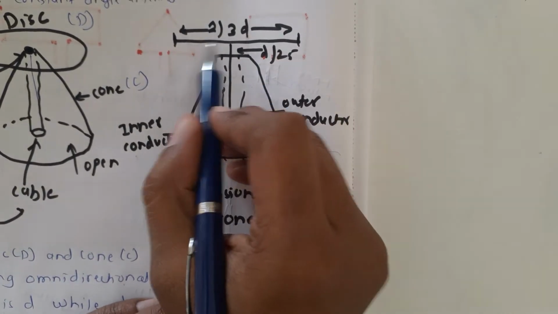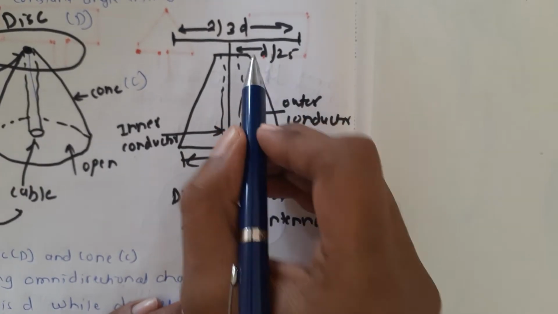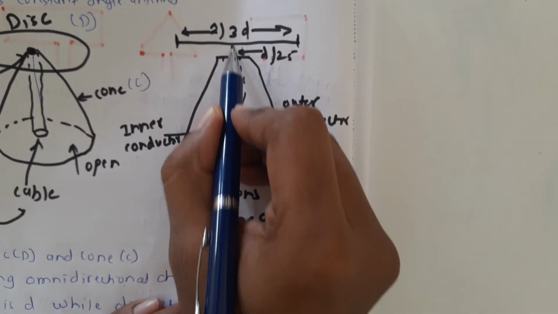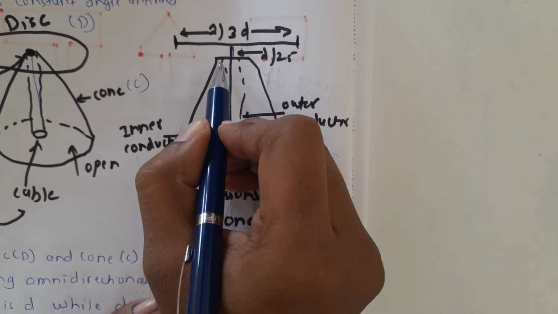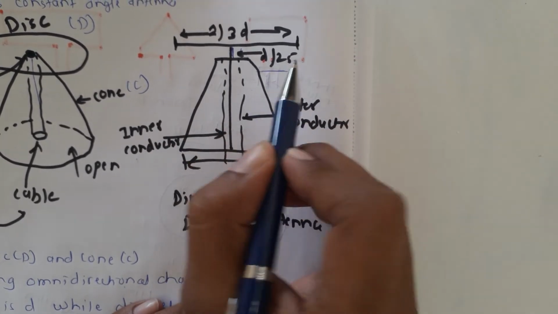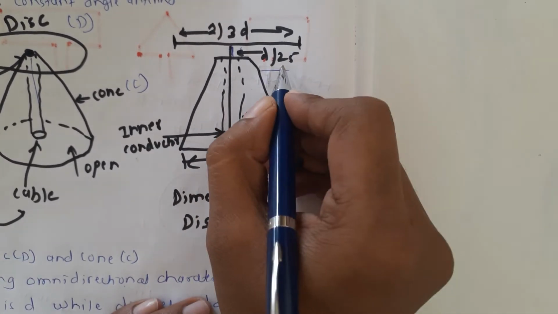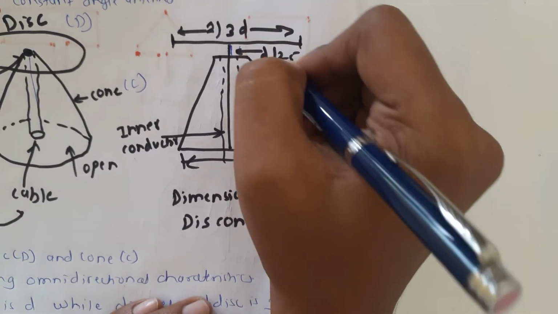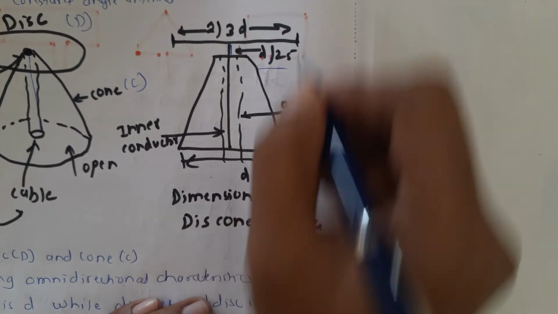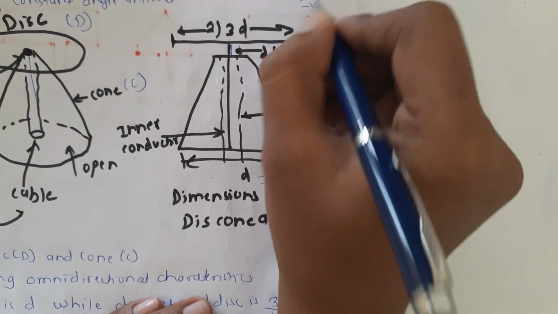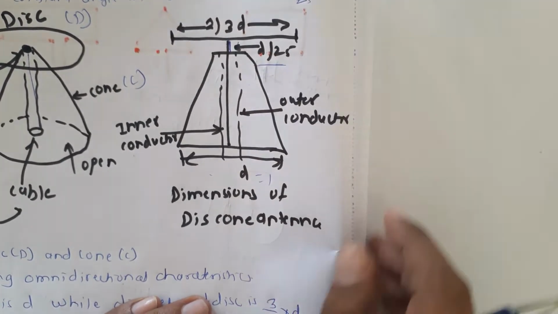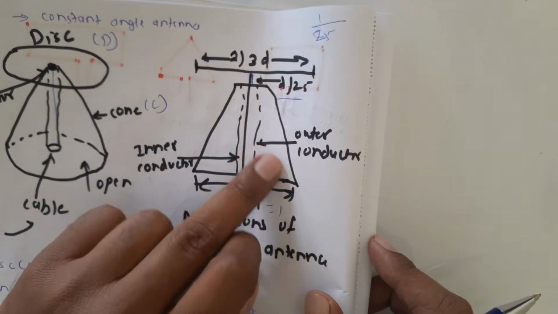The diameter is 2/3 of D. The distance between the disc and the cone should be D/25. Means if this diameter is 1, then it is 1/25.